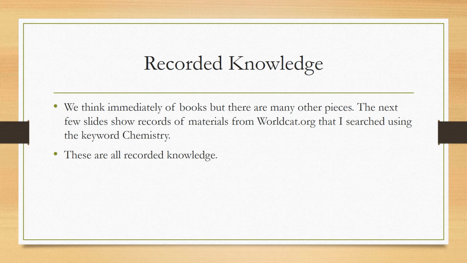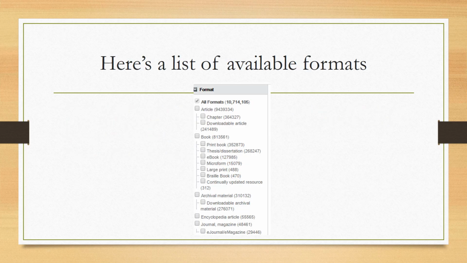So let's take a look at some of these descriptions. First of all, here's a list of all the different formats that I could have looked at. So you can see there's articles, which are primarily journal articles, but are also chapters of books. A smaller subset of those are downloadable.